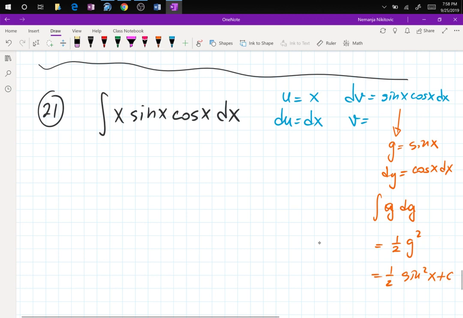Well, we don't need the plus c. Are we okay on this? You have two functions, and we are using u sub because we have a function derivative pair. We're using basic u sub to integrate here.